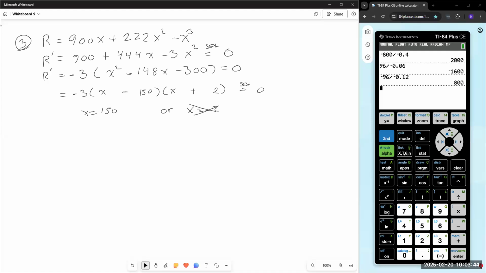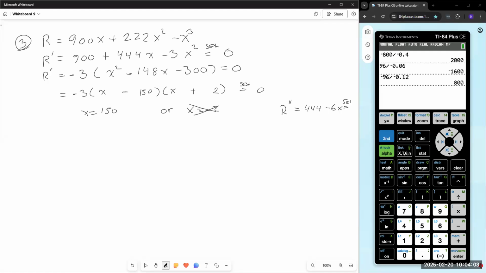Let's prove that there's a local maximum at x is equal to 150. So R double prime is equal to 444 minus 6x.